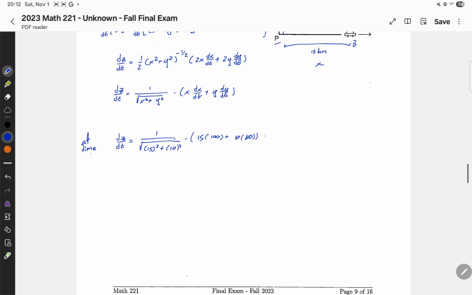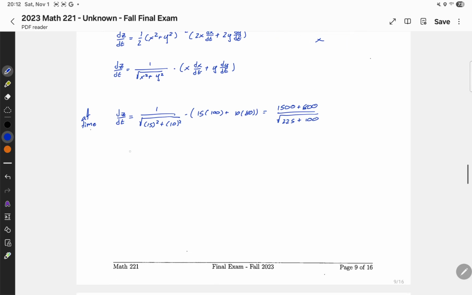And so now we can start simplifying. We get 15 times 100 is going to be 1500, plus 80 times 10 is 800, all of this over the square root of 225 plus 100.